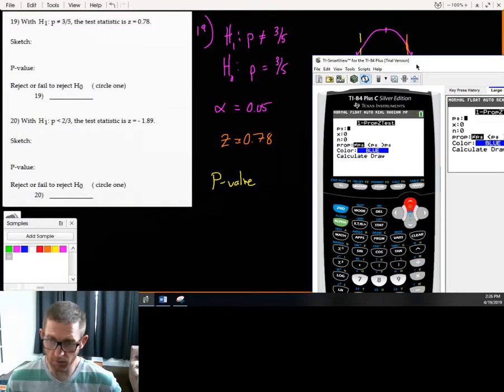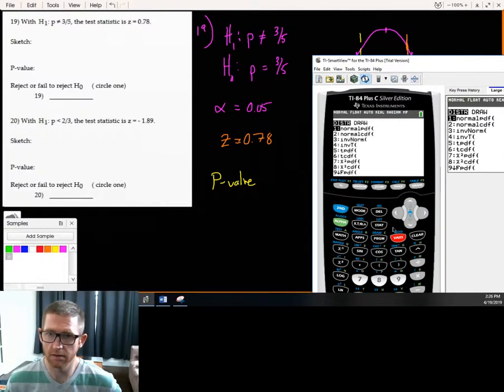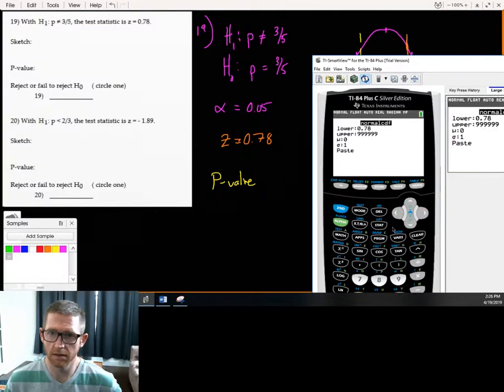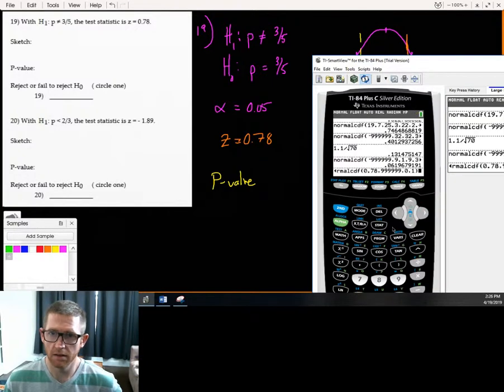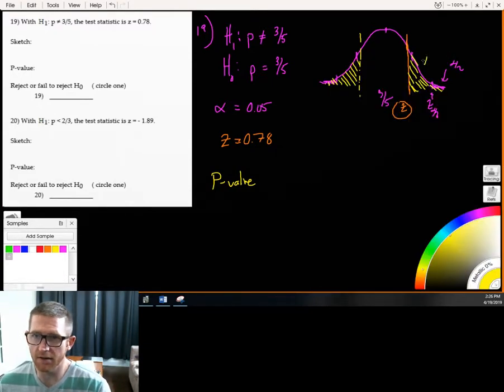Oh, the wrong screen. Don't want to be in that screen when you do that. Let's just run this back. To get 0.218. So this area right here is 0.218.